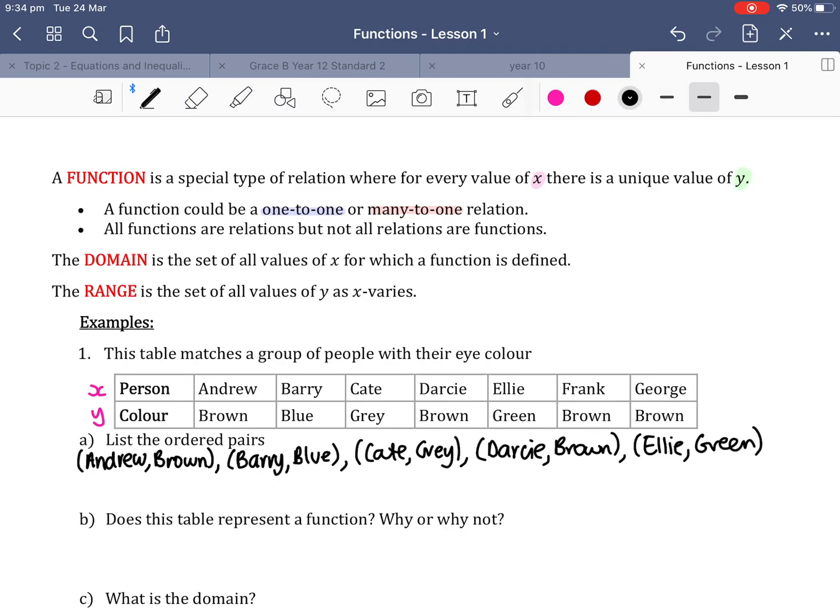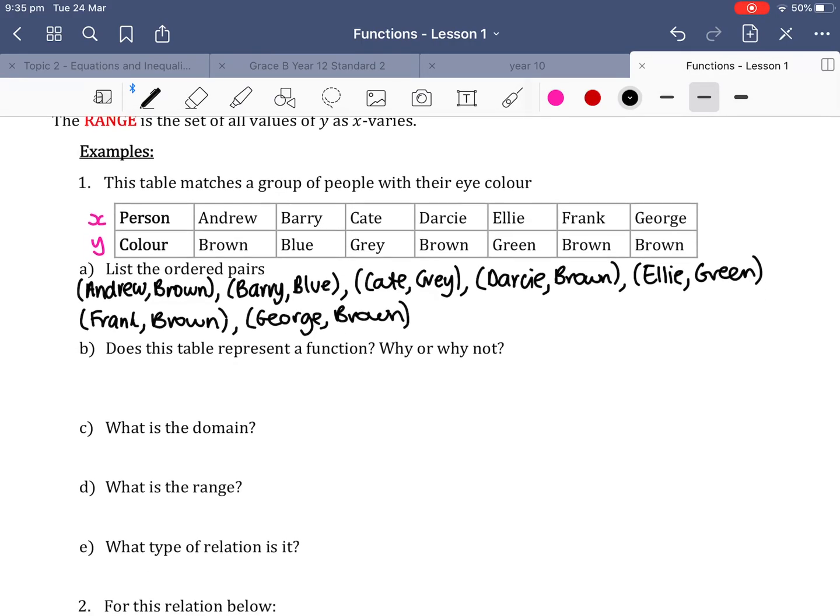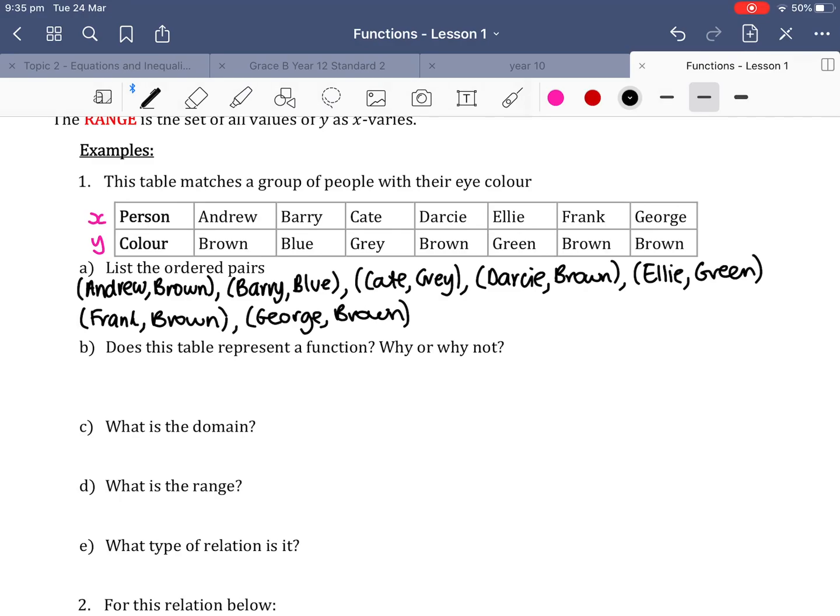We have Ellie and her eye colour is green. And we have Frank and his eye colour is brown. And finally we have George and his eye colour is brown. So that is listing the ordered pairs.